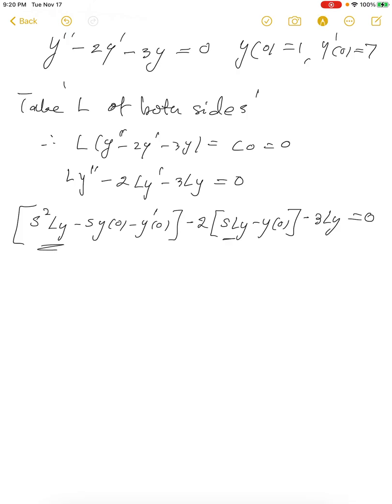So I collect the terms in Ly. I will get s squared minus 2s minus 3 times Ly, minus whatever is left, sy0 minus y prime 0 from the first bracket, and here you will get plus 2y0. That should be 0.